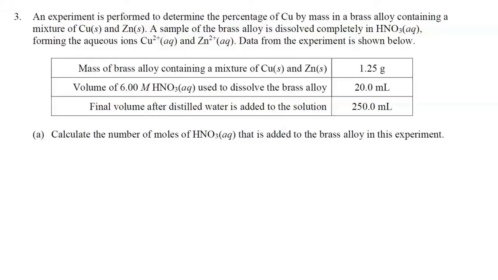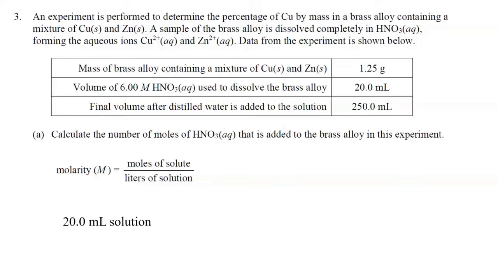Part A, calculate the number of moles of nitric acid, HNO3, that is added to the brass alloy in this experiment. Now it says that the molarity of the nitric acid solution is 6.00 moles per liter. So capital M is moles per liter. We are given the volume of the nitric acid solution, which is 20.0 milliliters.